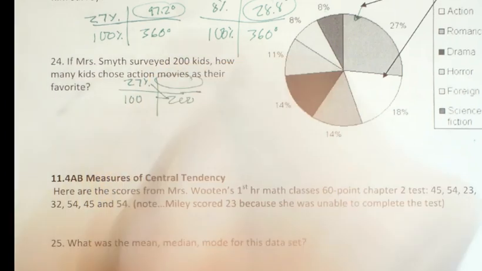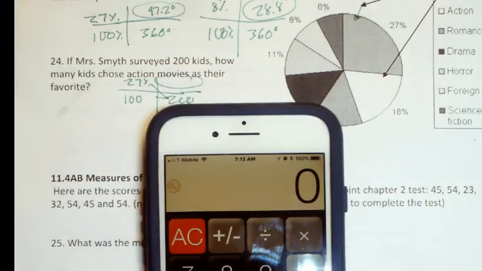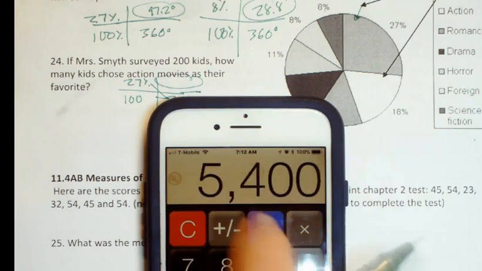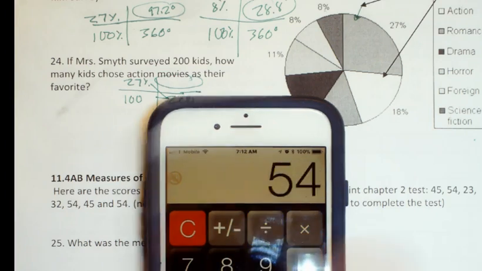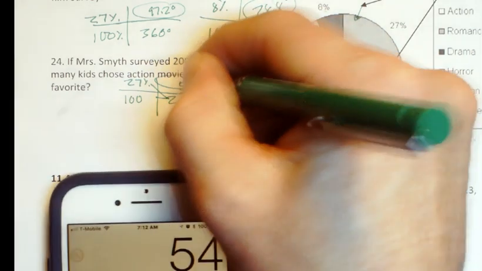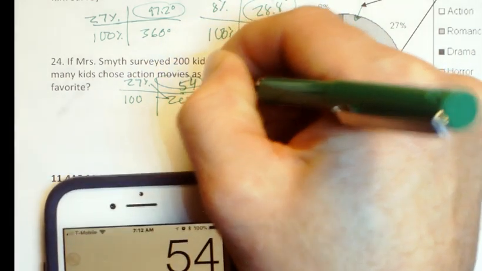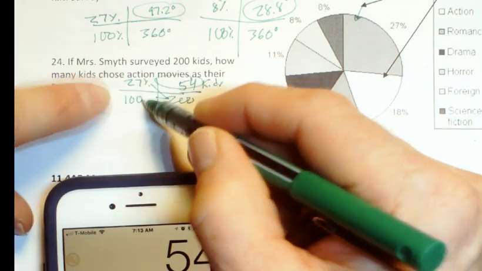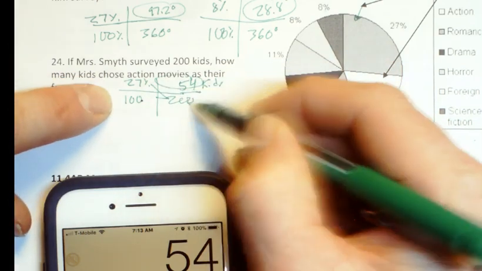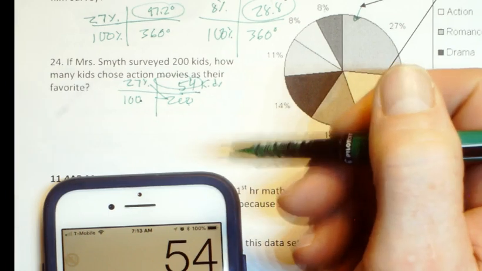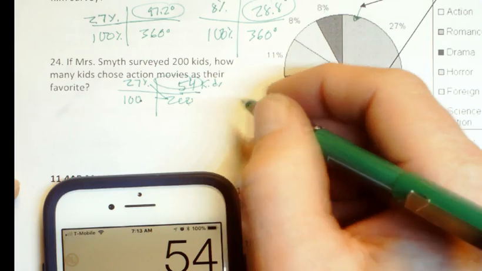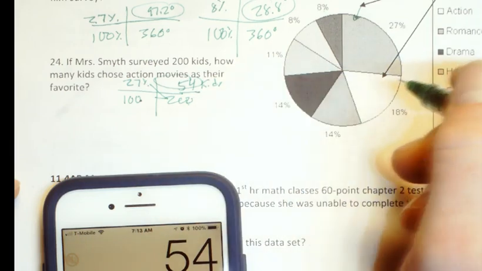You can multiply and divide there. 27 times 200 divided by 100 gives you 54. And at this point, you're probably going, duh. This is like out of 100 kids or 100%, so it's just going to double for 200% or 200 kids. So no matter how you slice it, 54, the little buggers like comedy.